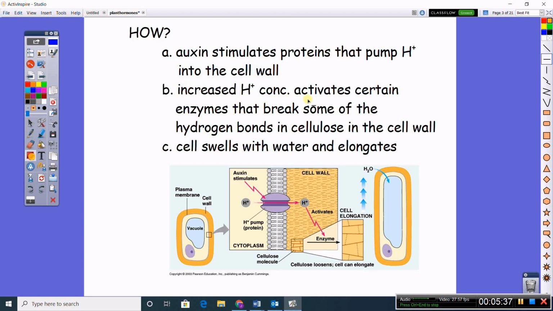That increased H+ concentration is going to activate certain enzymes that break the hydrogen bonds in the cellulose. And once you've broken those hydrogen bonds in the cellulose, that's going to allow the cell to swell with water and elongate. So that's just a review of what we did before spring break when we talked about the mechanism for how phototropism and the other tropisms can occur.